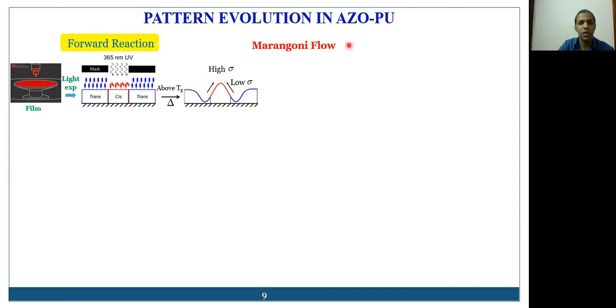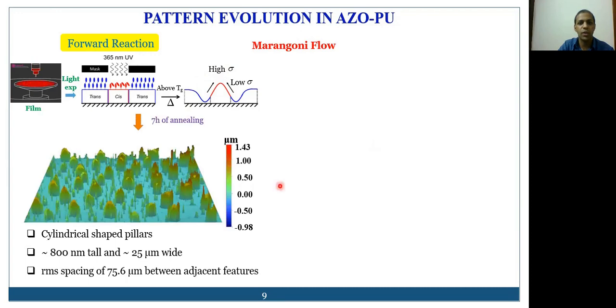And this kind of flow is called Marangoni flow. Combined with other local hydrodynamic flow mechanisms, we end up with ordered features like these. We see cylindrical pillars of about 800 nanometer height and separated by about 75 microns. Each of these is about 25 micron wide.